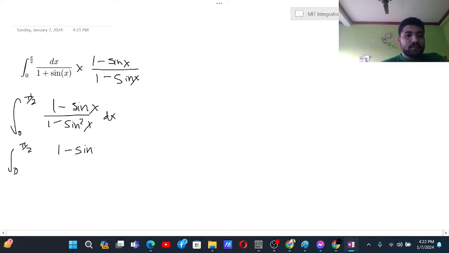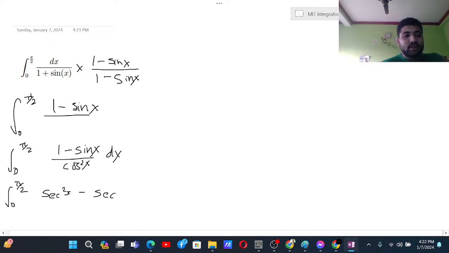So this will be the integral from 0 to pi by 2 of sec square x minus sec x tan x. Now this one is easy. We all know the integrals of these two trigonometric formulas: sec square x gives tan x, and sec x tan x gives sec x, going from 0 to pi by 2.